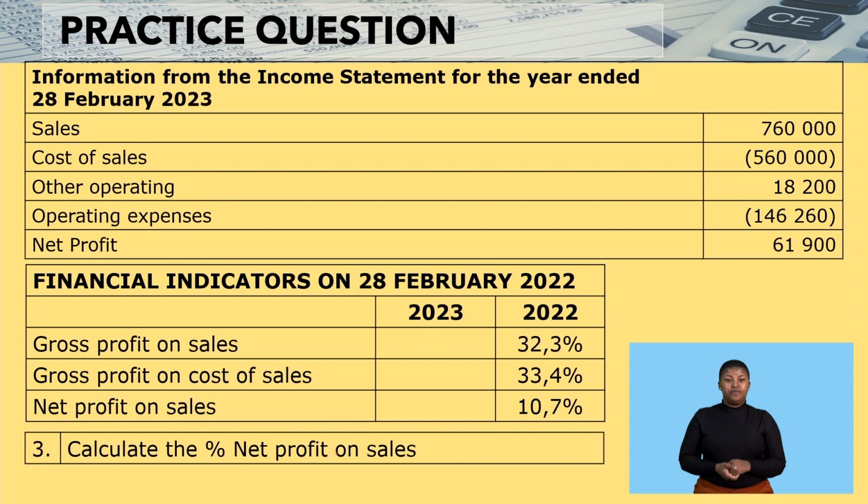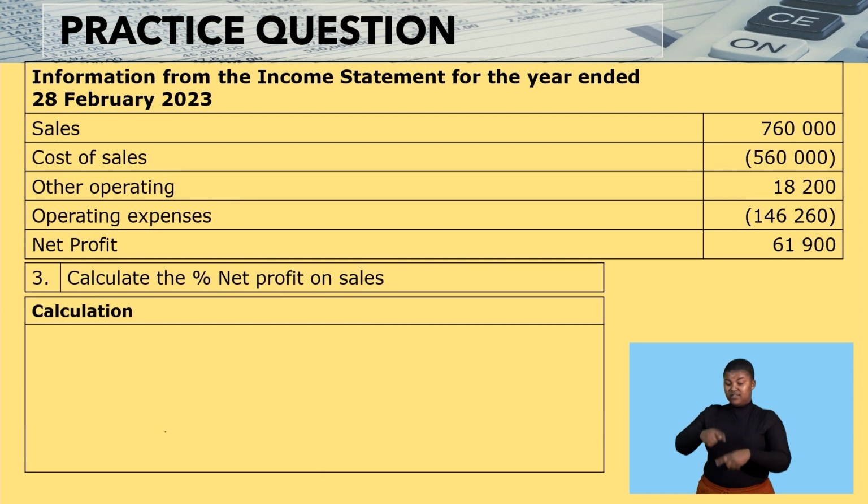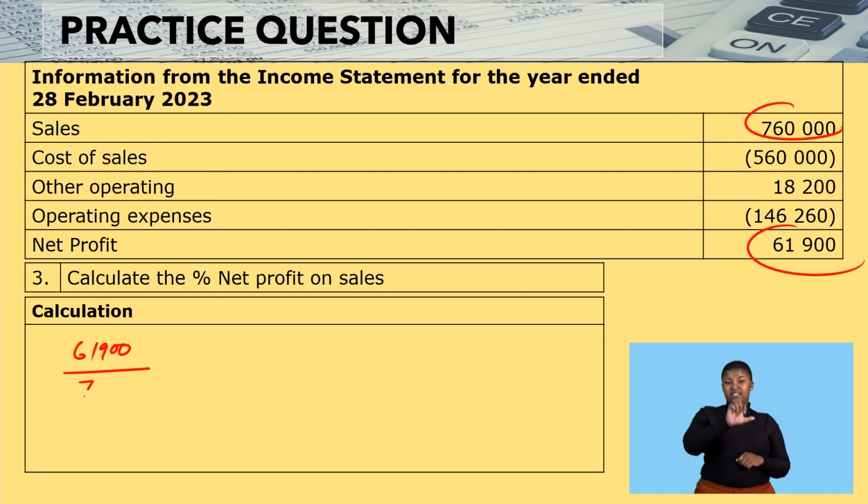Let us look at the third question. It says, calculate the net profit on sales. The formula is your net profit, which is given here, 61,900, over sales, which is 760,000.